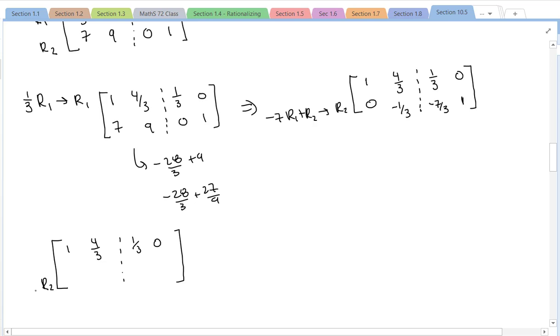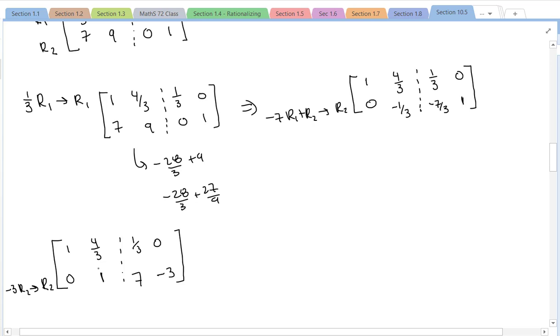So my new row 2 is -3 times row 2. -3 times 0 is 0. -3 times -1/3 gives me a positive 1, which is what we want. Then -3 times -7/3, the thirds cancel and the negatives become positive, so I just get 7. And -3 times 1 is -3. All right, so I have 1, 0, and I have my 1 there.